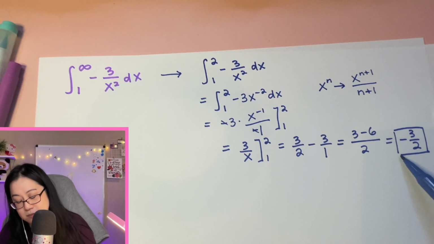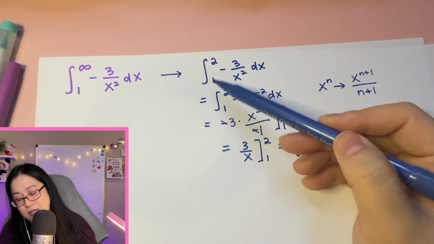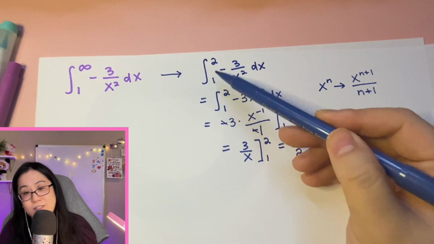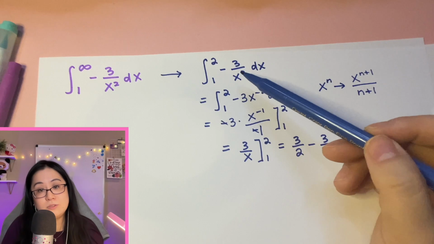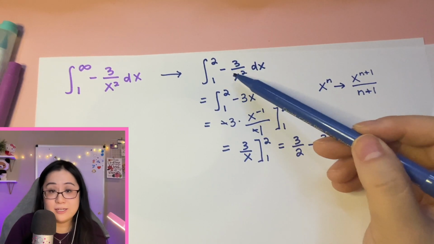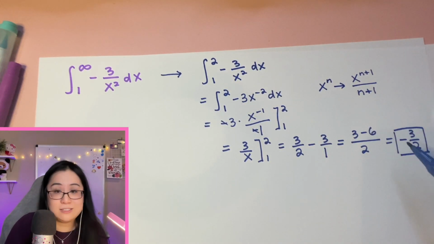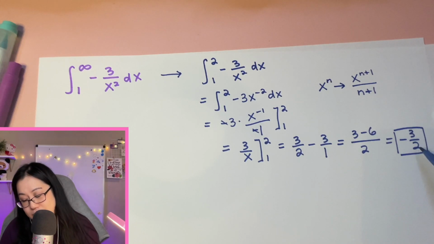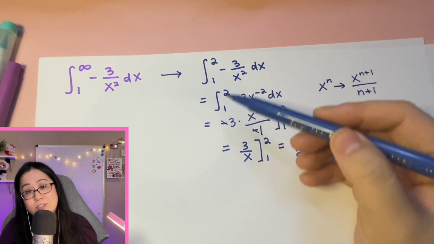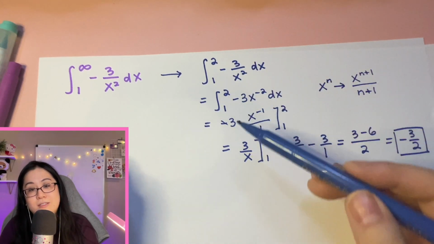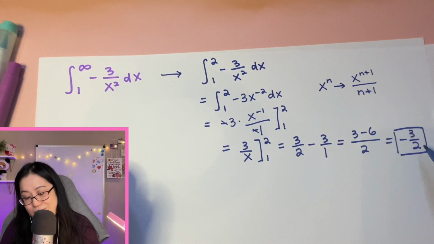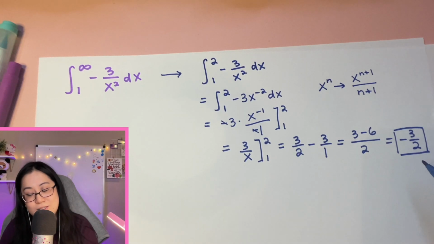And so what this means is that on the interval from 1 to 2, the area between this function and the x-axis nets to be negative 3 over 2. So if this entire function is below the x-axis on this interval, then the area is 3 over 2, but it's below the x-axis.